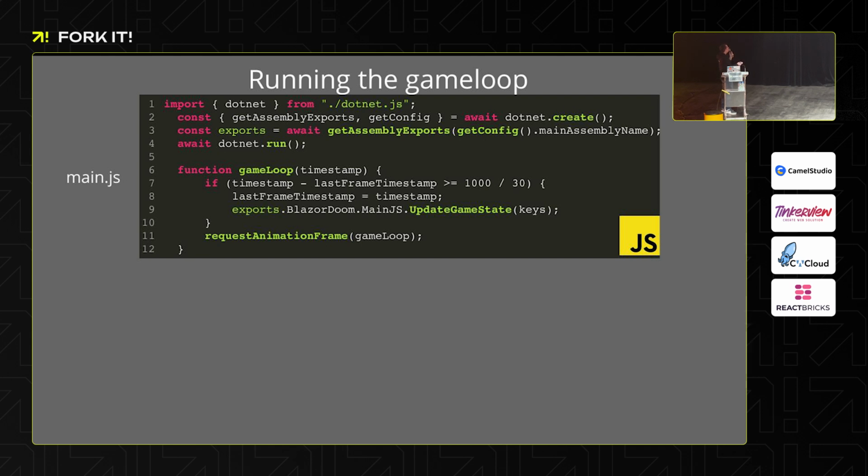Here we import all the code exported from C#, and one of the methods exported from C# is the update game state. This is the main function in the DOOM engine that advances one frame in the game logic. So it updates the player position, the enemy position, the player HP, and so on. Everything is updated. And inside this function, there is also a call to draw the frame and to play the audio. I will talk about it in the next slides.